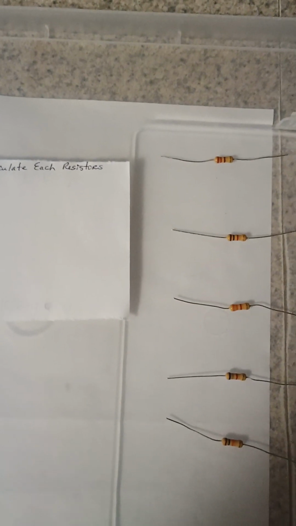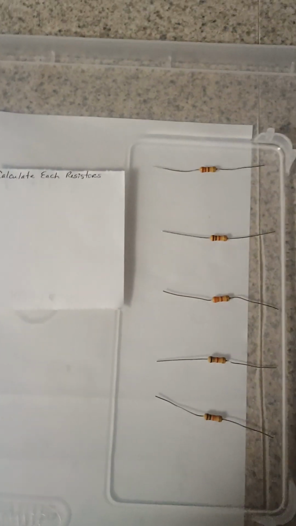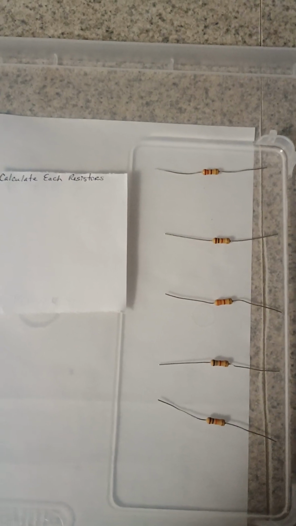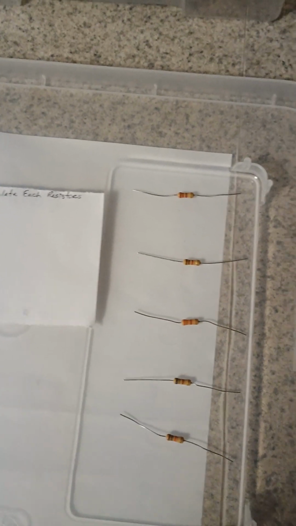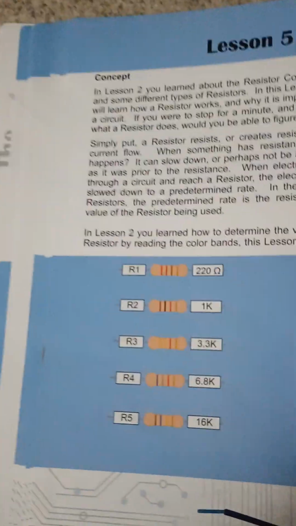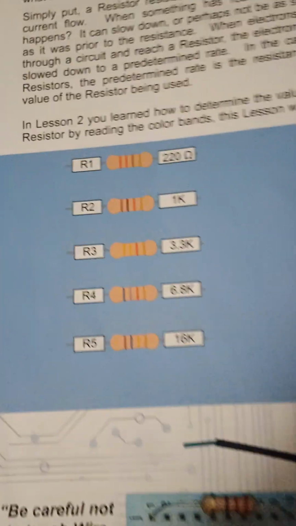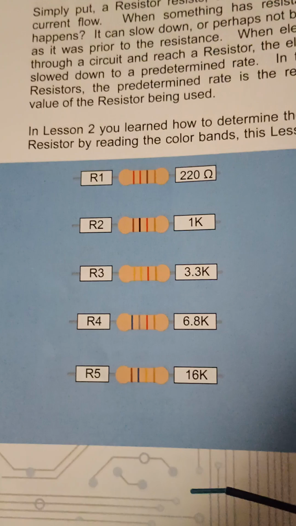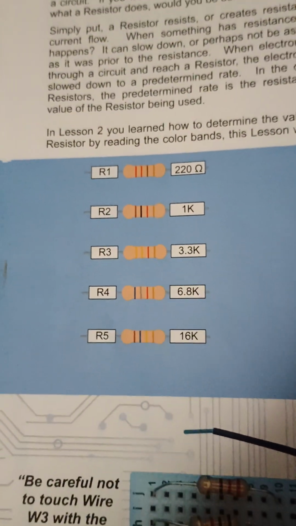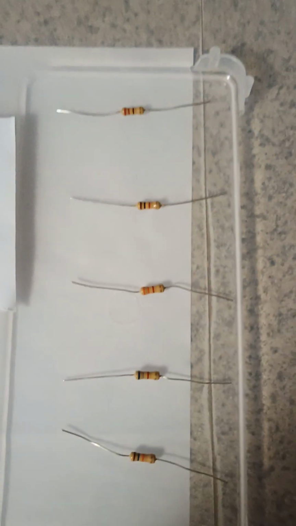Pause this screen at this time and you can calculate those. You can bring your work to class and I'll grade it for you. Okay, you can actually look over here on page 18 and see if your answers are correct. So you wouldn't even have to bring it to class, but if you want to, I'll grade it for you. However, in this particular section, it gives you the answers to the resistors that we pulled out.